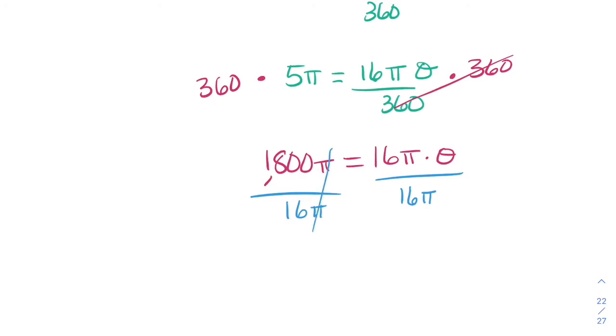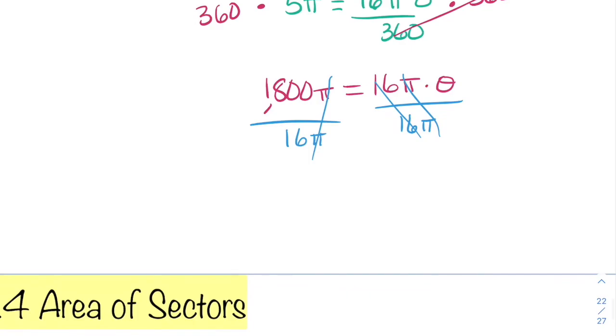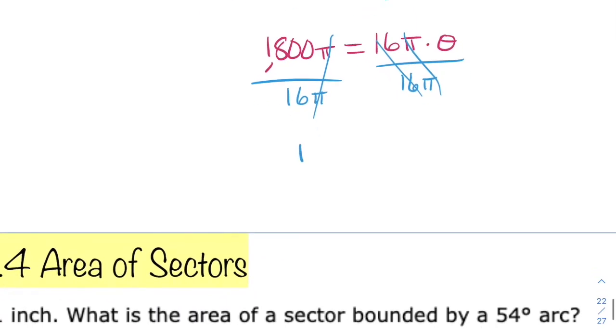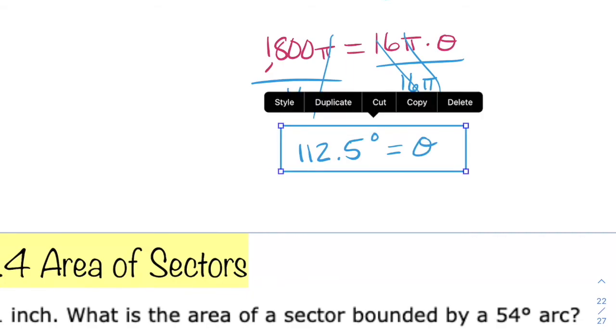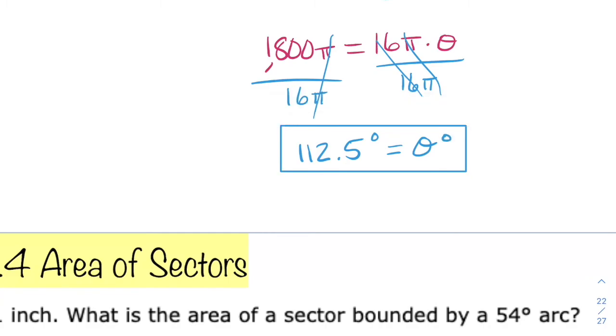This works out really nice. 16s go away, pi go away. So 1800 divided by 16 is 112.5 degrees. Because everything else goes away.